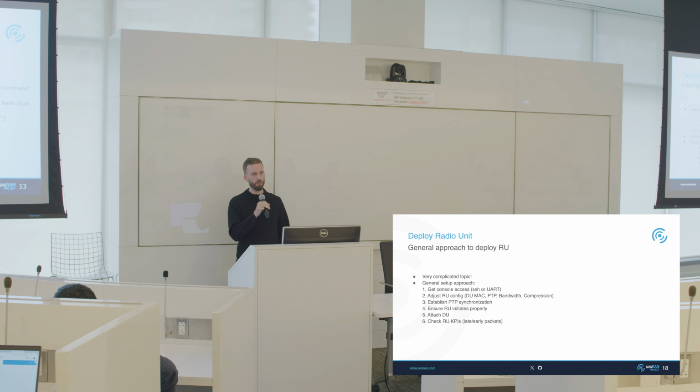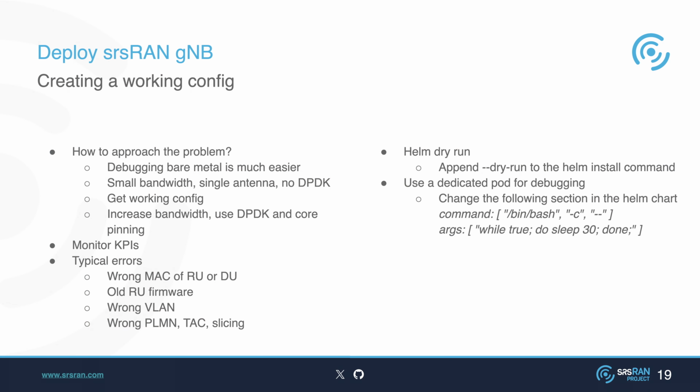So in order to deploy the gNB, this is also something that is a tough job. The first part is always to create a working config file. We have the node set up correctly, and now we need to make sure that the gNB or the DU is actually connecting to the RU.